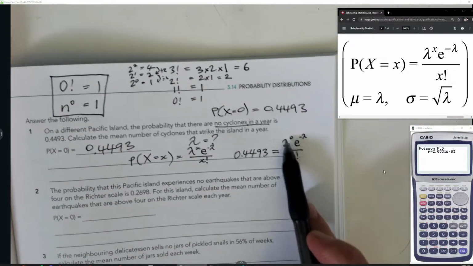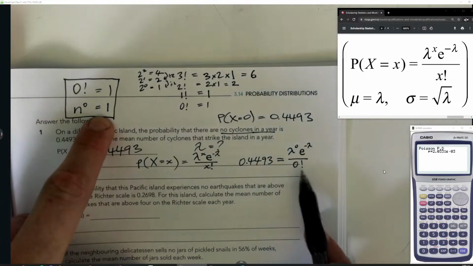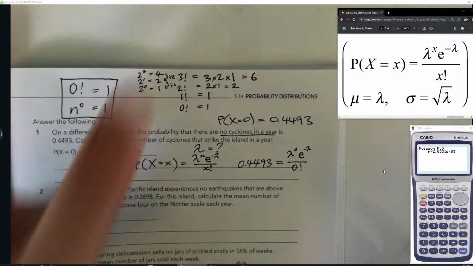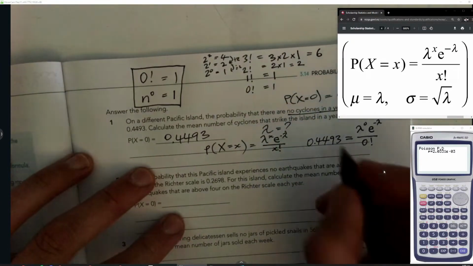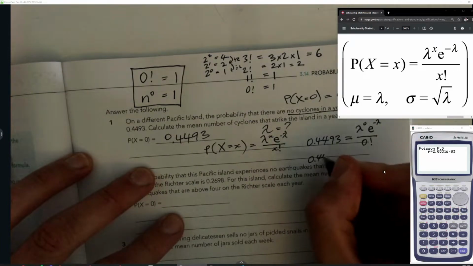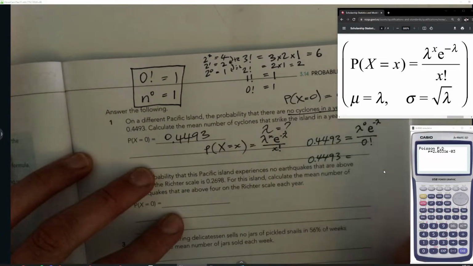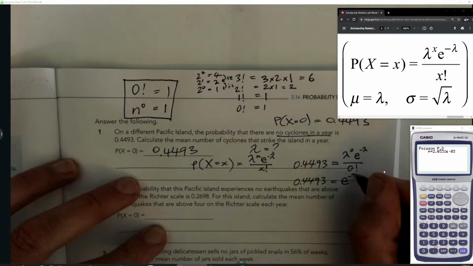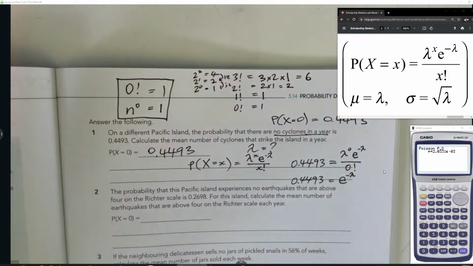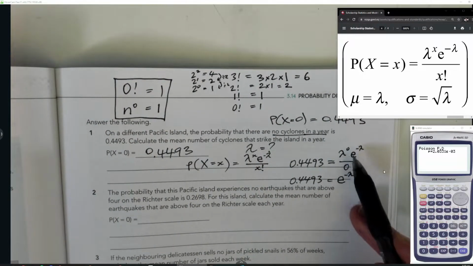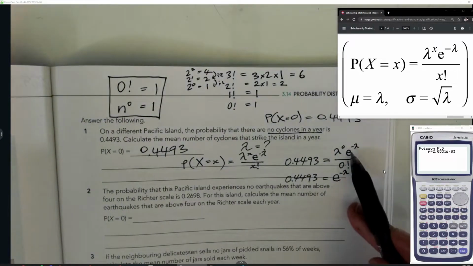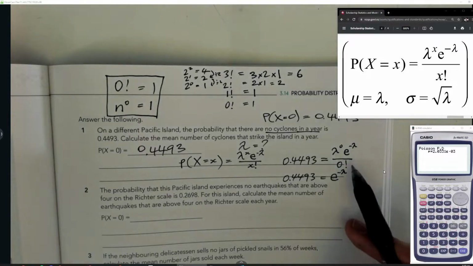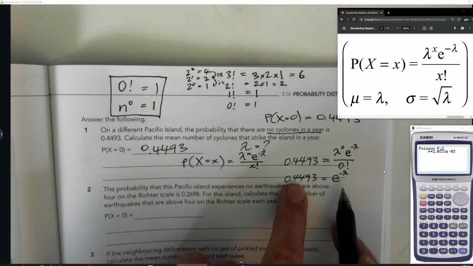It's just something to the power of 0, which is 1, over 0 factorial, which is 1. So it ends up being that 0.4493 is just equal to e to the negative lambda. It breaks right on down, because 1 times anything is just itself, and anything divided by 1 is just itself. So this is all we have to work out.